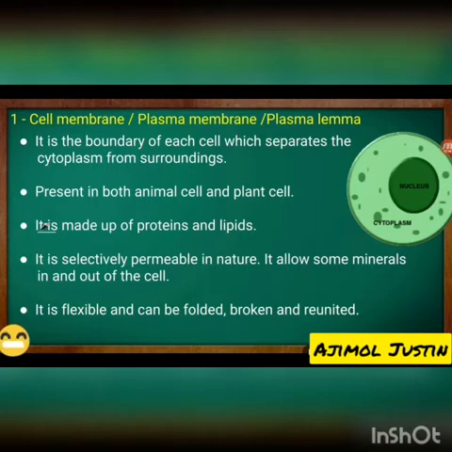Not all substances can move in or out. Understood? So, the plasma membrane or the cell membrane is selectively permeable in nature, allowing only some minerals to come inside and move outside of the cell. Now, this plasma membrane is flexible and can be folded, broken or reunited.